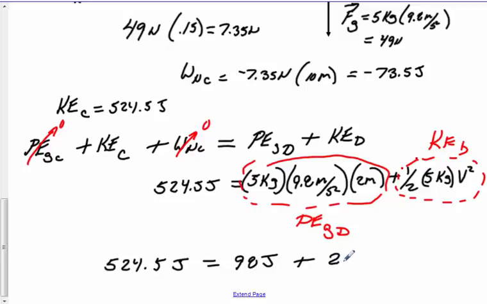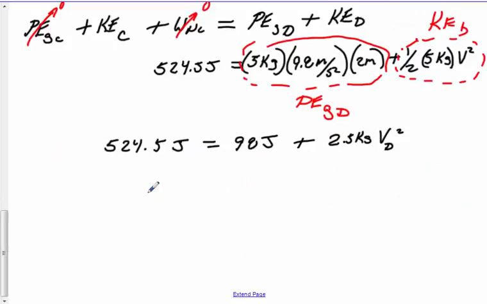That's 2.5 kilograms times V at D squared. I will subtract 98 from that. 524.5 minus 98, and I get 426.5.